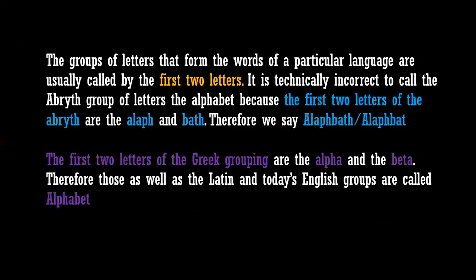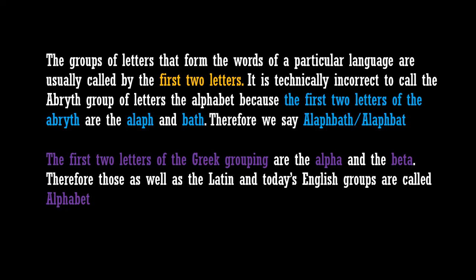The groups of letters that form the words of a particular language are usually called by the first two letters. It is technically incorrect to call the Abryth group of letters the "alphabet" because the first two letters of the Abryth are the Aleph and the Bat.